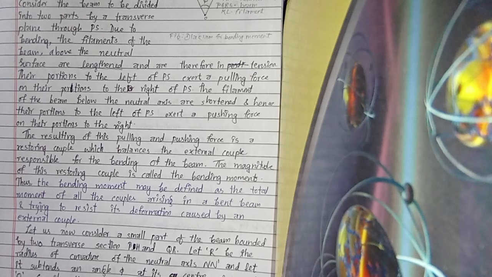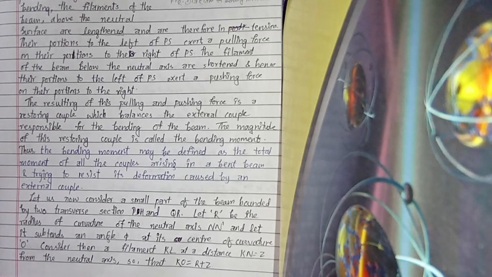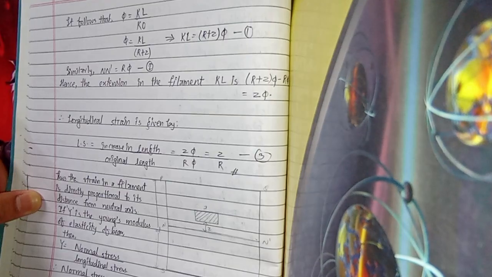Now let R be the radius of curvature of the neutral axis N N', and let it subtend an angle phi at its center of curvature O. Consider then a filament KL at a distance KN equal to Z from the neutral axis, so that KO is equal to R plus Z. It follows that phi is equal to KL by KO, that is, angle equals arc upon radius, which I showed you earlier.